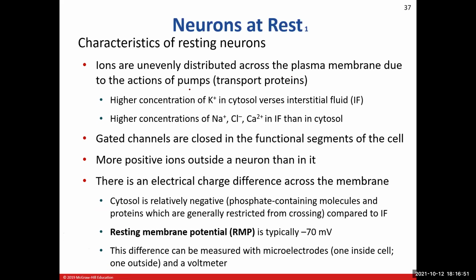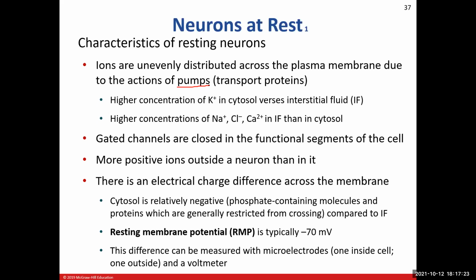Well, that is going to be due to pumps, our transport proteins. Remember, the sodium potassium ion pump is going to pump sodium out of the cell, pushing it out against its concentration gradient, and it pushes potassium into the cell against its concentration gradient. So we'll see much more potassium in the cytosol compared to the interstitial fluid, and we'll see more sodium, chloride, and calcium in the interstitial fluid than in the cytosol.